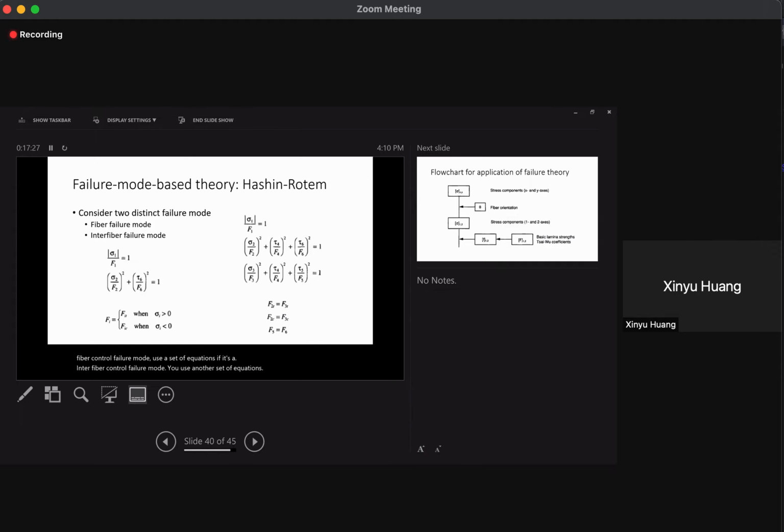All right, and then you have a failure theory like that. It's simpler than the Tsai-Hill or Tsai-Wu, but you have to make a predetermination of what kind of failure mode will occur based on your empirical knowledge. If you know this loading condition with this layout produces fiber control failure mode, you just go directly into fiber control failure mode.